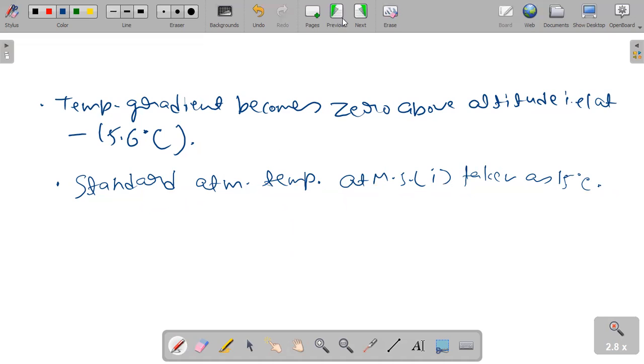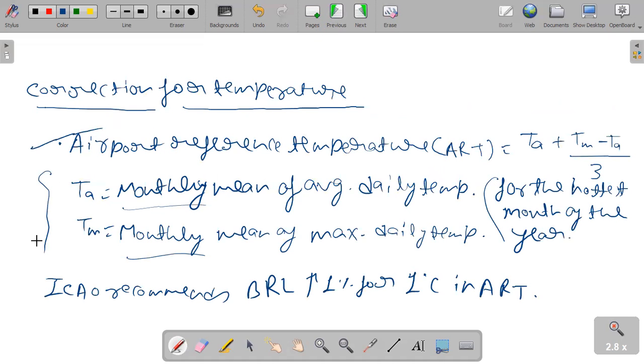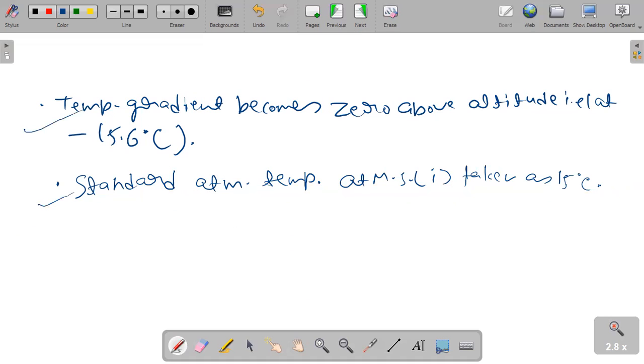Do you remember these things, this formula and this recommendation by ICAO, and these two values?